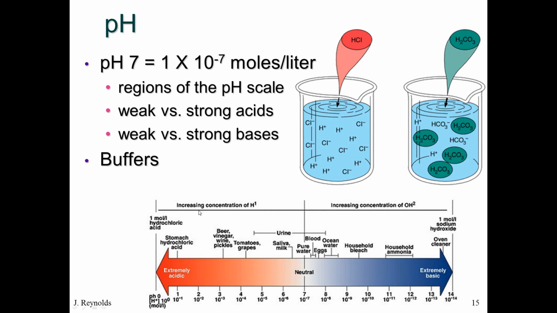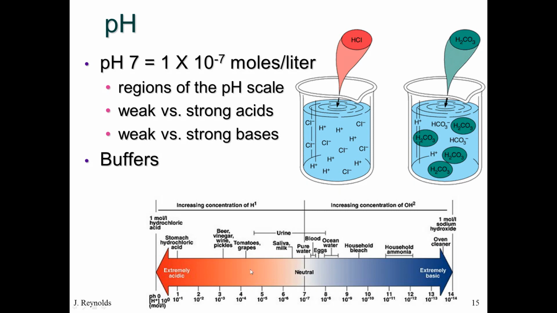So neutral pH, 7, if you look at the scale down at the bottom, has 1 times 10 to the minus 7 moles of hydrogen ion per liter. You knock out the negative, you take the exponent of 10, which is 7, and that becomes your pH value. So this is a logarithm. You take that exponent of 7 and that becomes the number.